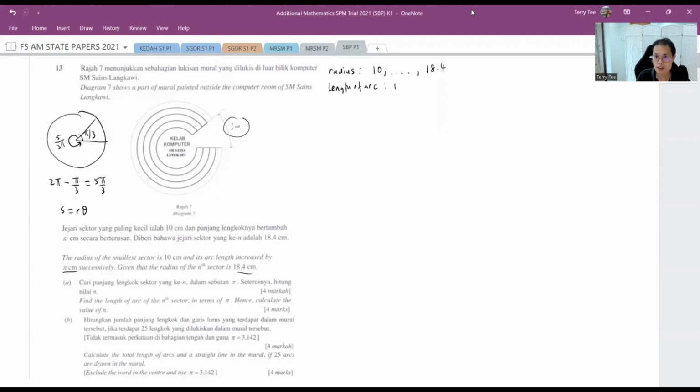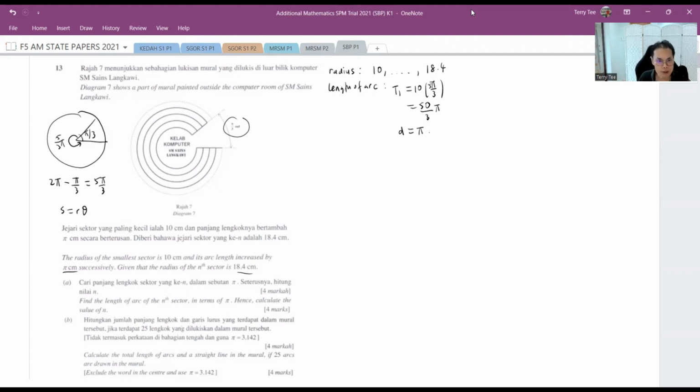So the first one is 10 times 5 over 3 π. Maybe I just write T1, 10 times 5π over 3, which gives us 50 over 3 π. Now we know our common difference. The common difference increases by π. What the question mentioned here is increases by π.